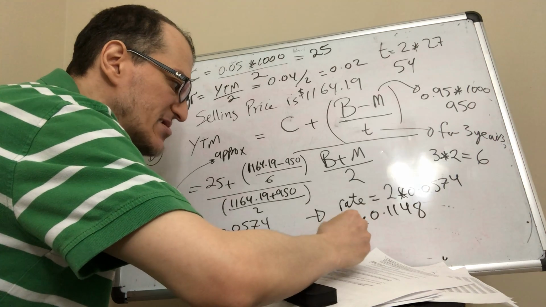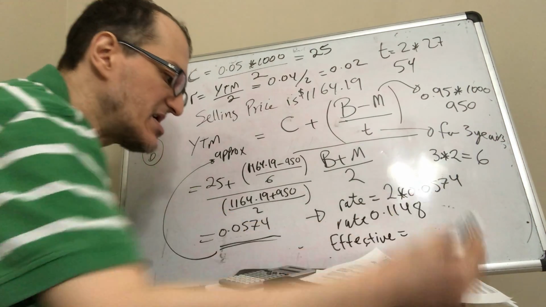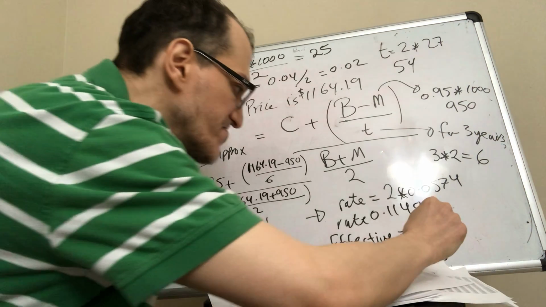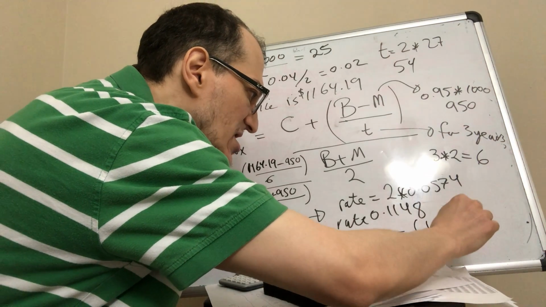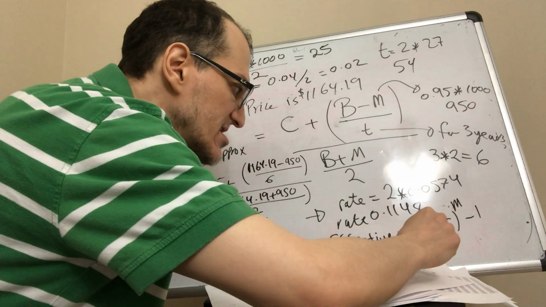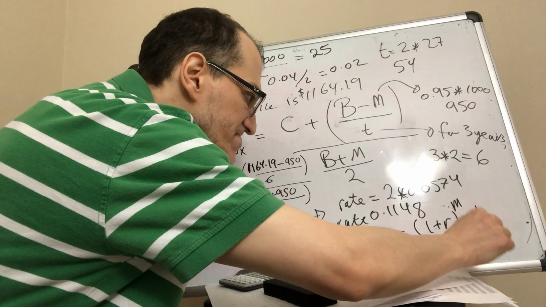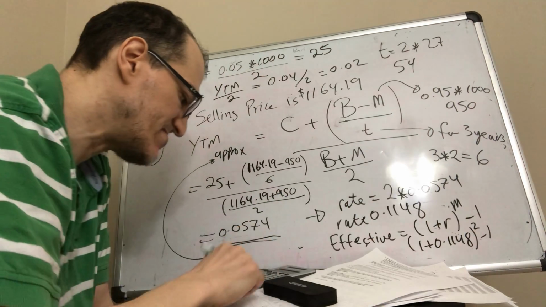To find the effective rate, the formula says it's 1 plus r to the m minus 1. So it's 1 plus 11.48 semi-annual minus 1.